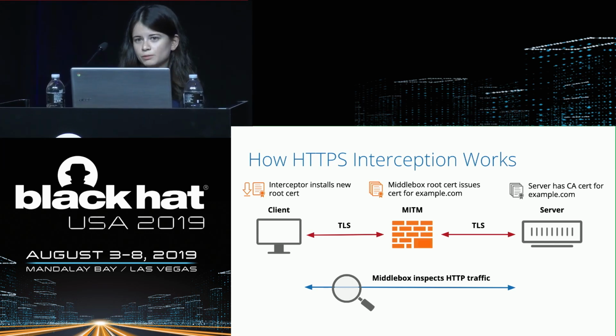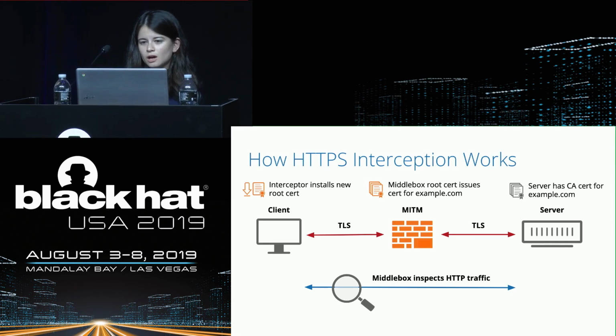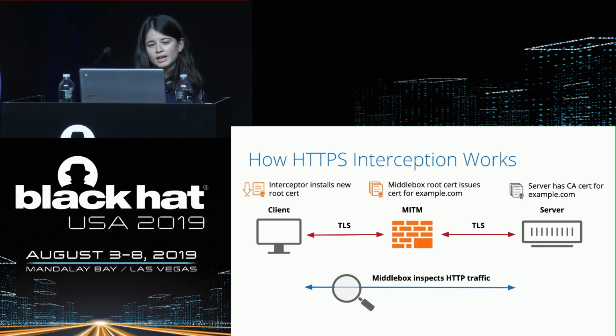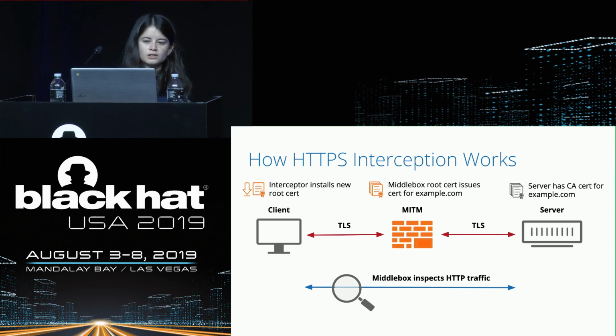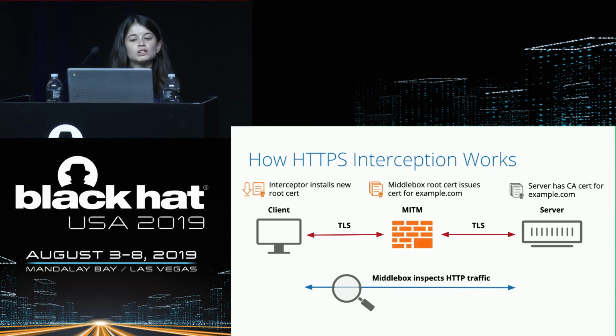Now, the interceptor's self-issued certificate for example.com appears to be trustworthy, and the client will perform a TLS handshake with the interceptor, meaning that the interceptor can decrypt the client's HTTPS content. The interceptor typically then re-encrypts the client's content by performing a TLS handshake with the real server and re-encrypting the client's HTTP content when sending it to the server. Now, the Middlebox can inspect and modify the inner HTTP content between the client and the server without errors showing up on either end.